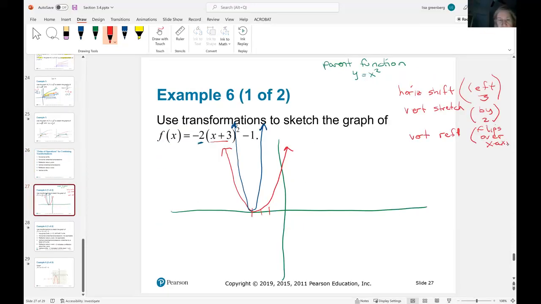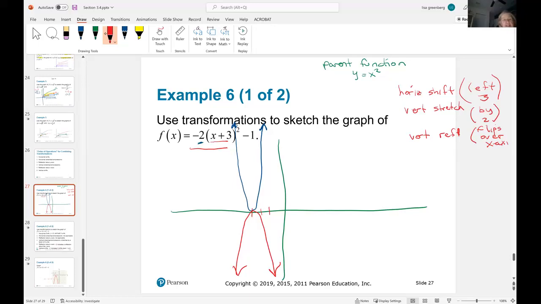The x-axis. So I'm going to erase the red one now because the latest one is blue, and now this one is the newest one. So now I'm taking it and I'm reflecting it over the x-axis, and now I've handled all of that part. Because I did my shift, then I did my stretch, then I did my reflection.